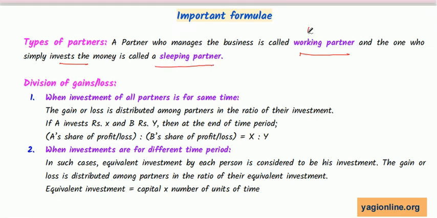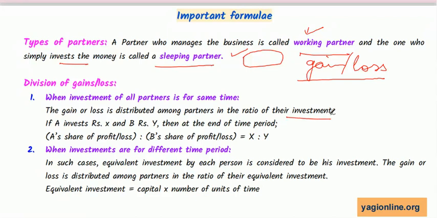So we have one working partner, one sleeping partner. Now, when they run a business together, they will have either some gain or some loss at the end of the year. Now, how to divide this gain or loss? This gain or loss is divided in the ratio of their investment into the business.